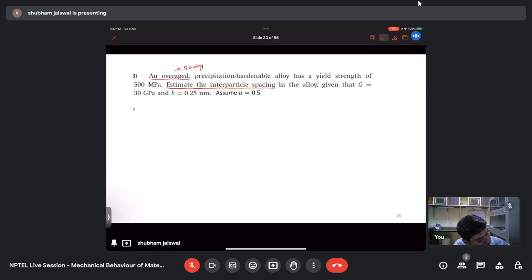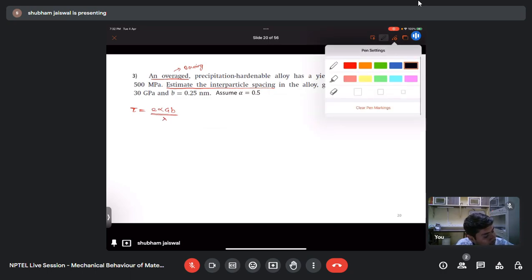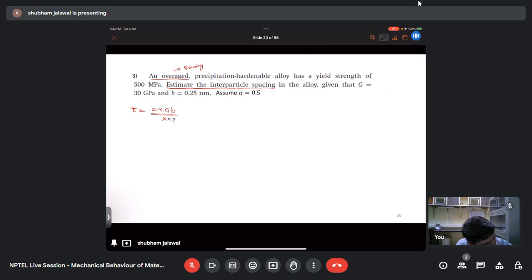So the equation for bowing is tau equal to 2 alpha Gb upon lambda. So we need to find out lambda. b is given, G is given, alpha is given. We don't know the value of tau. So how will we calculate tau? One equation, two unknowns.